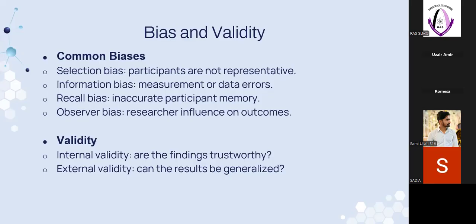So the result says that yes, there is high stress among medical students. So the researcher's belief models can actually affect the research. So when we are studying an article, we need to understand these different types of biases. Although there is always bias present, if it is so large that it actually affects the result significantly, then we must be trained enough to not only identify those biases, but actually point them out.